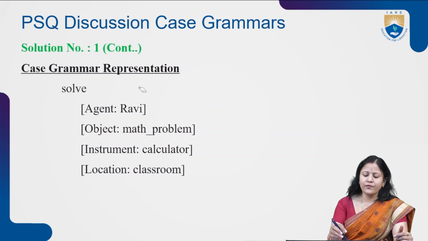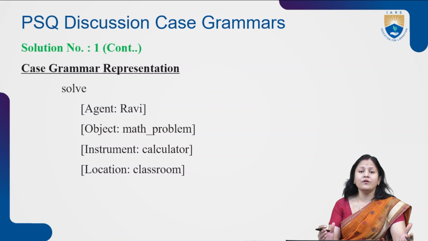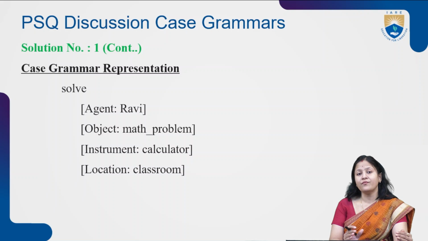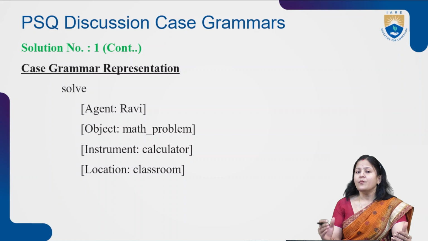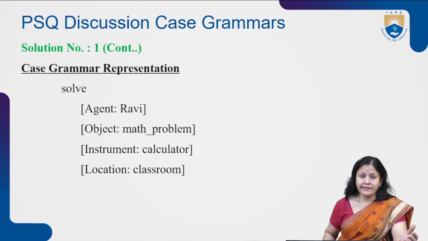And one thing we have to remember is that there are different case frames, but it is not like all the case frames will be found in a single sentence. Maybe 3-4 case frames are there, maybe 5-6, but we may not find all of them in a single sentence.